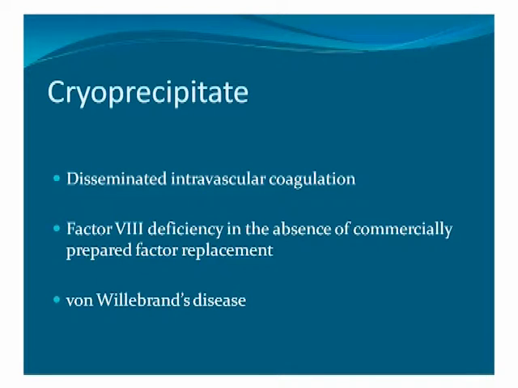When we have a patient with disseminated intravascular coagulation, in patients that have deficiency of factor VIII in the absence of commercially prepared factor replacement, and in von Willebrand disease.